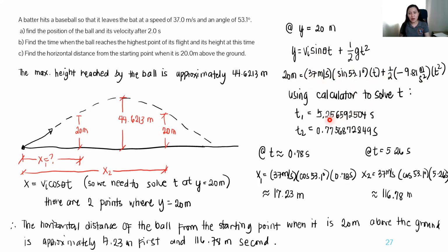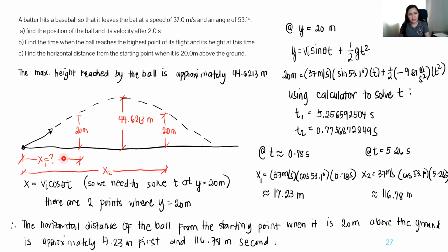So we'll be able to come up with these two values. The 5.26 is when it is already going down. The 0.78 is when it is still going up. So at t equals 0.78, we solve for its horizontal distance. So we are able to get approximately 17.23 meters.